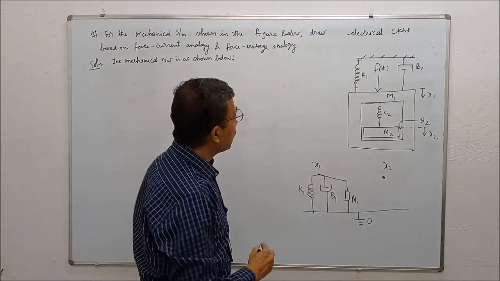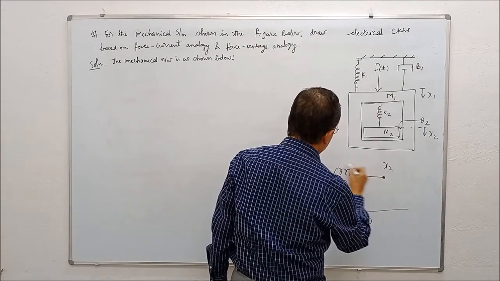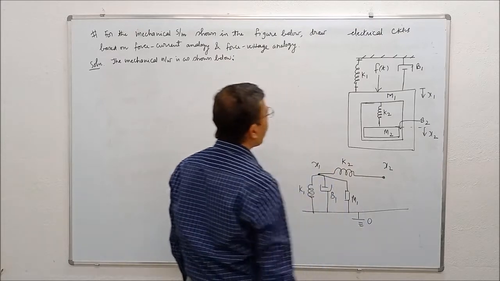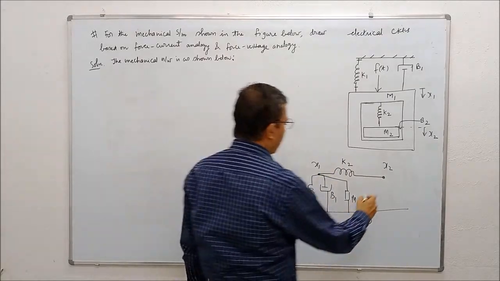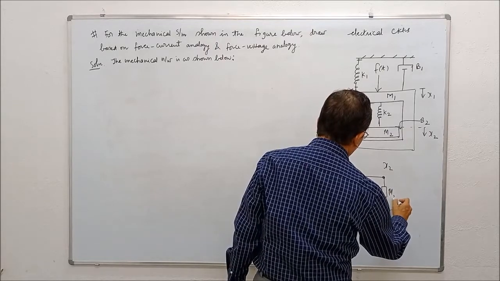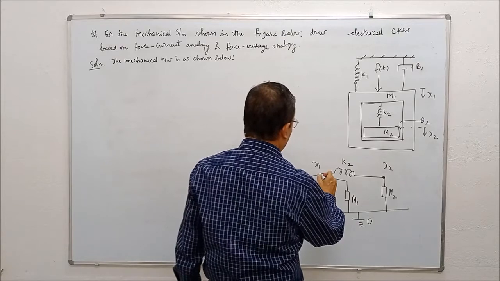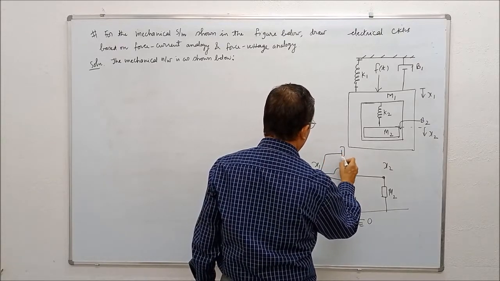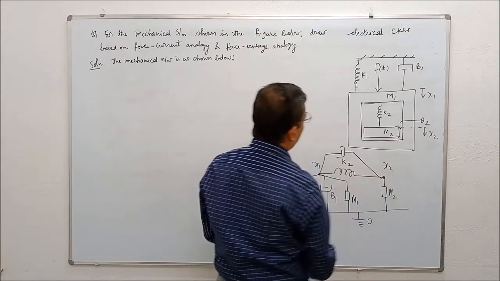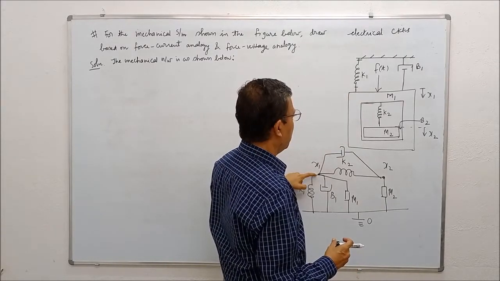Okay. So K2 is between x1 and x2. M2 is between x2 and ground. B2 is the friction between M1 and M2. Therefore, we draw a damper between x1 and x2. Whatever happens at M1 in this figure happens at node x1 in this figure.